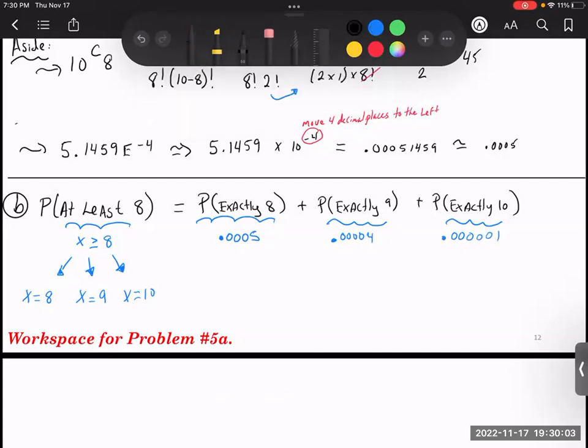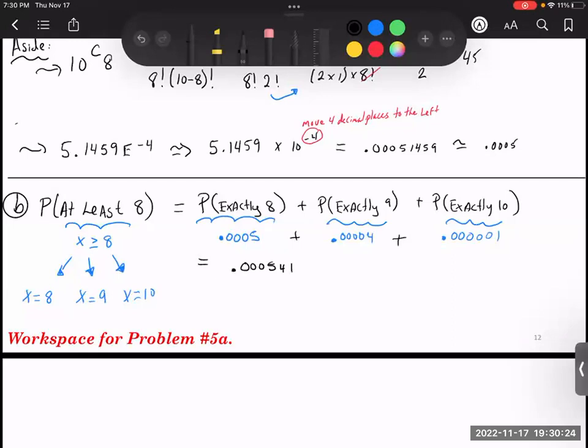I'm sorry, I should have worked this problem out. They're actually very tiny decimals. I didn't realize that. But it's okay. If I add these all up, we get 0.000541.